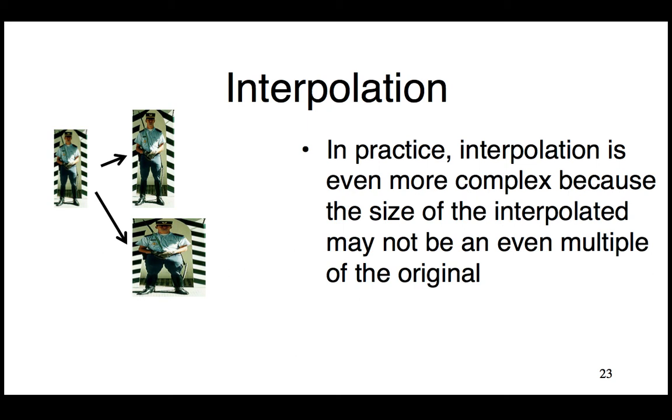In reality, if you're writing code that would do interpolation, you need to handle a situation where it goes from 100 by 100 to 120 by 120. So you need to find one extra pixel for every 4 pixels. Well, no, every 5 pixels. So you have sort of fractions of pixels and stuff. So I didn't want to explode your heads now with that. I didn't want to have to do the maths either myself. But you could see how you could do the maths for that.